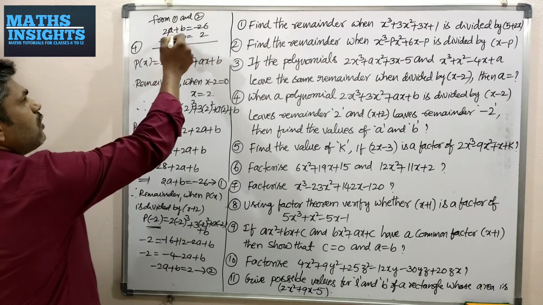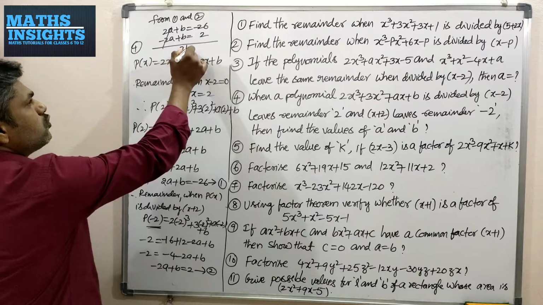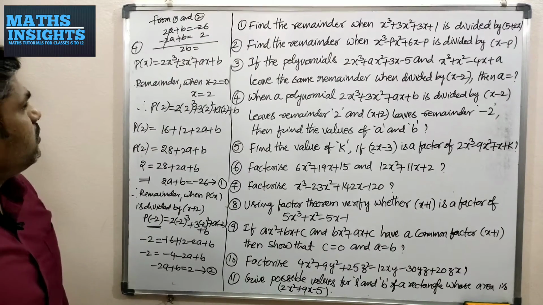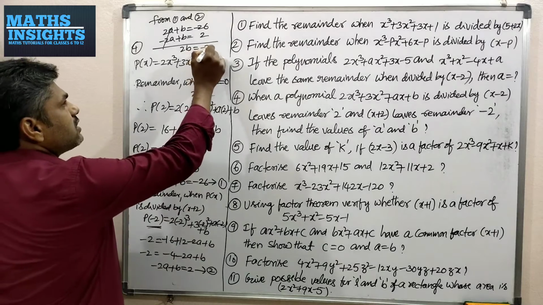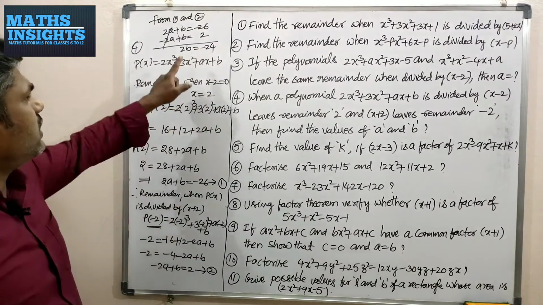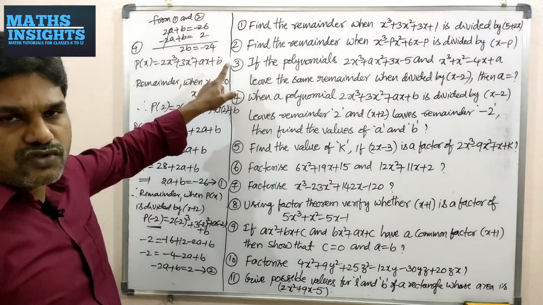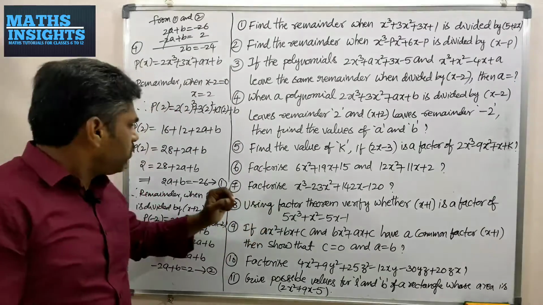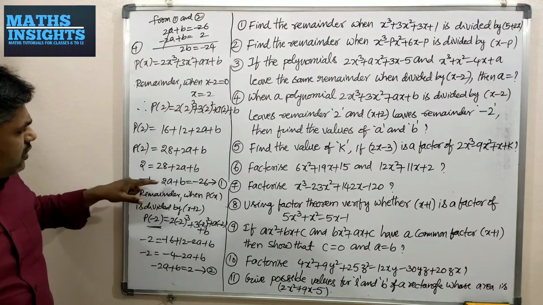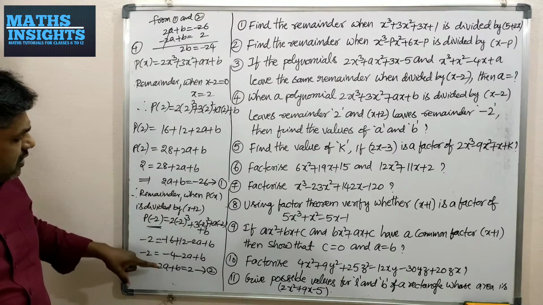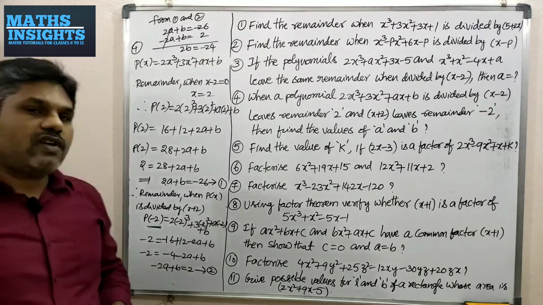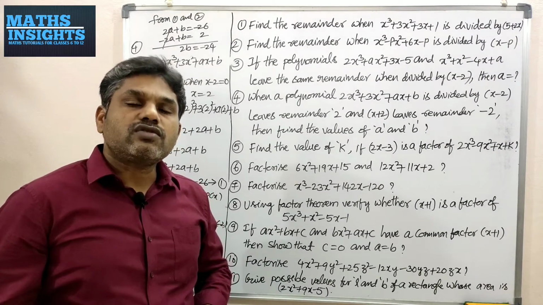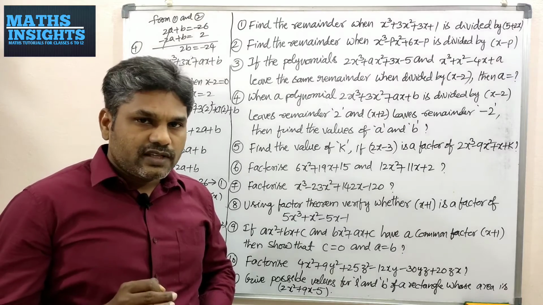Therefore you will have plus b, which becomes 2b, that is equal to minus 26 plus 2, which is minus 24. Therefore you will get the b value as minus 12. After getting the b value as minus 12, you may substitute it in either equation 1 or equation 2. You will get the a value. So in this way you may find the values of a and b.